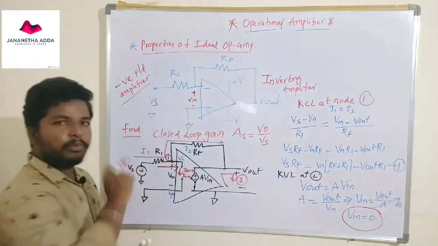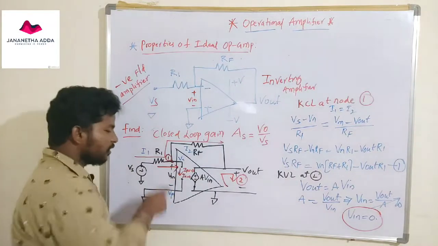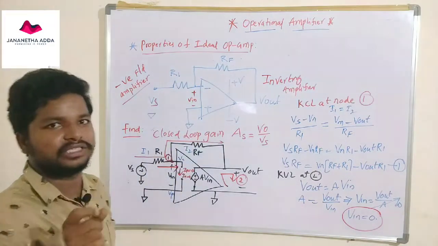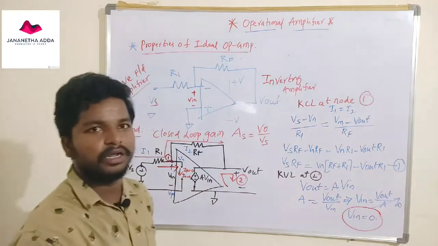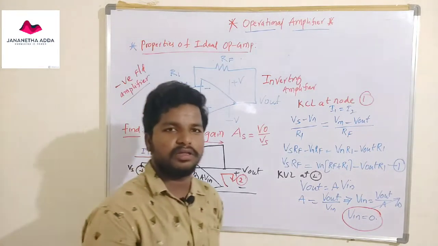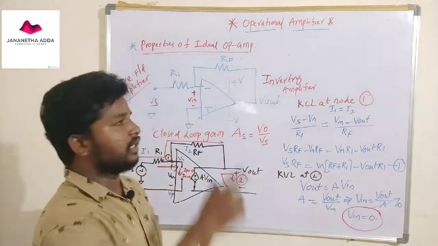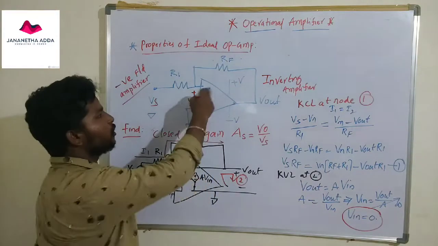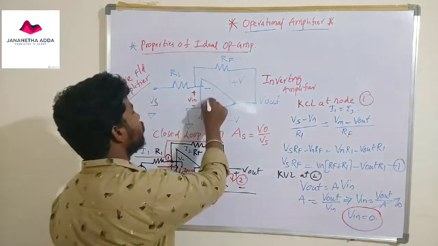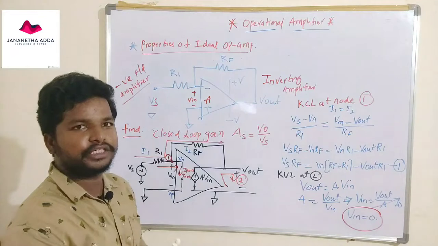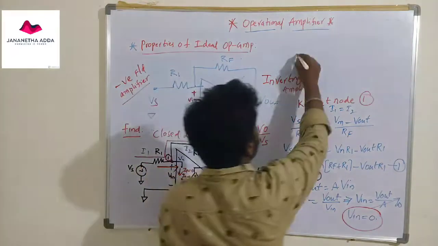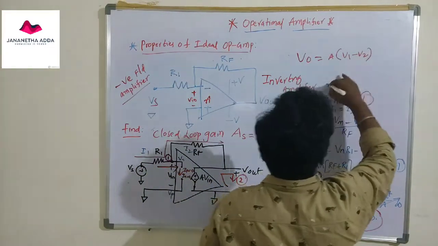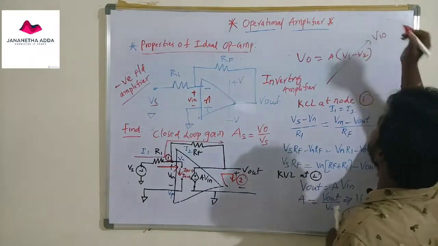If V input is equal to 0, then the differential input, by the second definition of the operational amplifier, is a device which senses the difference between the two signals, amplifies it and multiplies it with the open loop gain, and produces V output equal to A times V1 minus V2, which is nothing but V input.